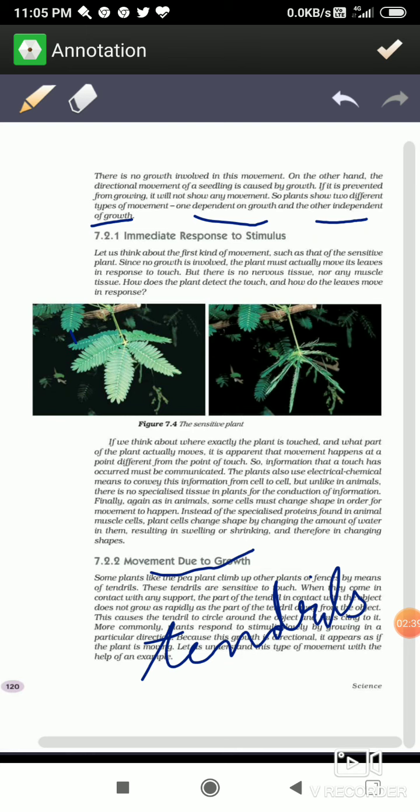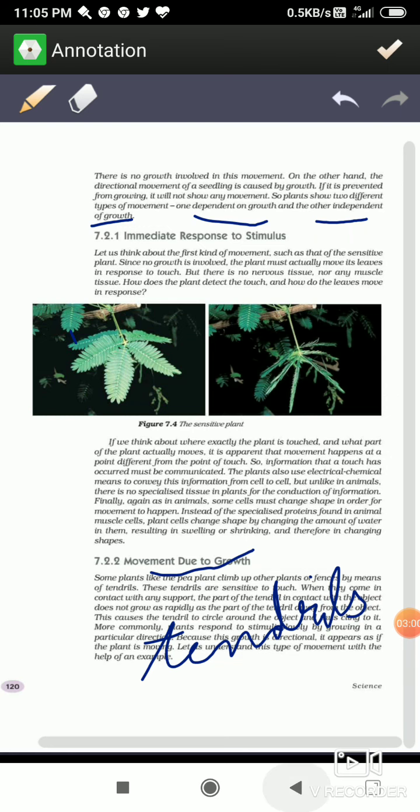This is a movement done by the plant for its growth, and it shows that the plant is moving around. So tendrils show movement due to growth, and this is an example of directional movement.